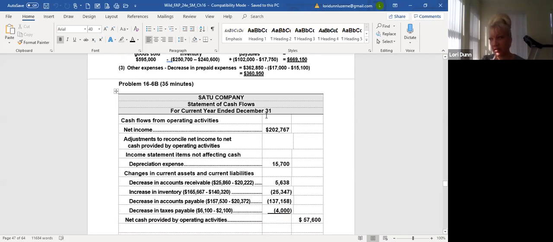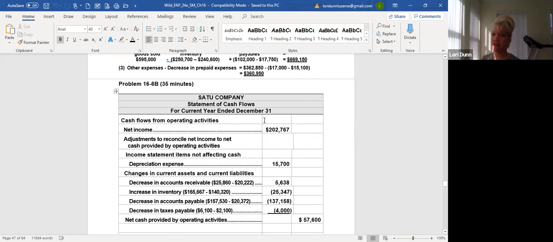What this answer key does is it says, okay, here's our net income, positive 202,767. Add back the depreciation, add the decrease in accounts receivable, because that's the impact on cash, and then subtract each of these other changes, because those are the impacts on cash to change net income to cash from operating activities.